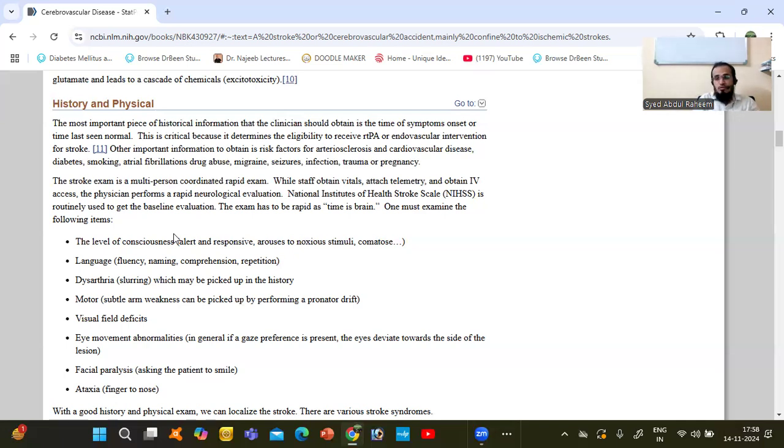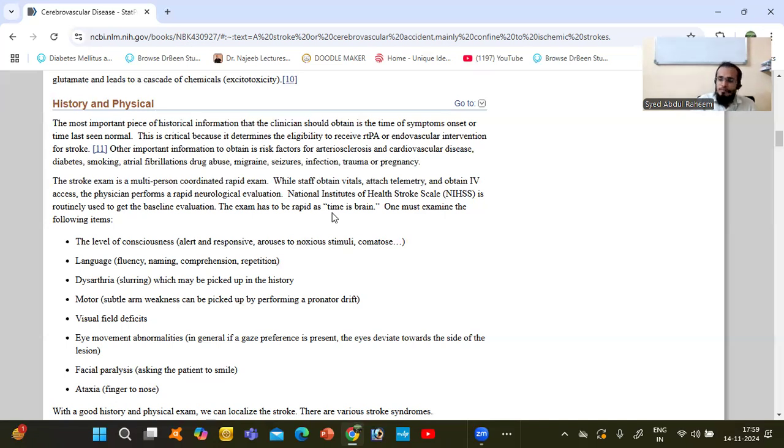You have to ask the patient to grip, ask the patient to touch you, and test the power. You have to ask the patient to lift the hand when you are trying to pull it down against the gravitational force. So these are the examinations.